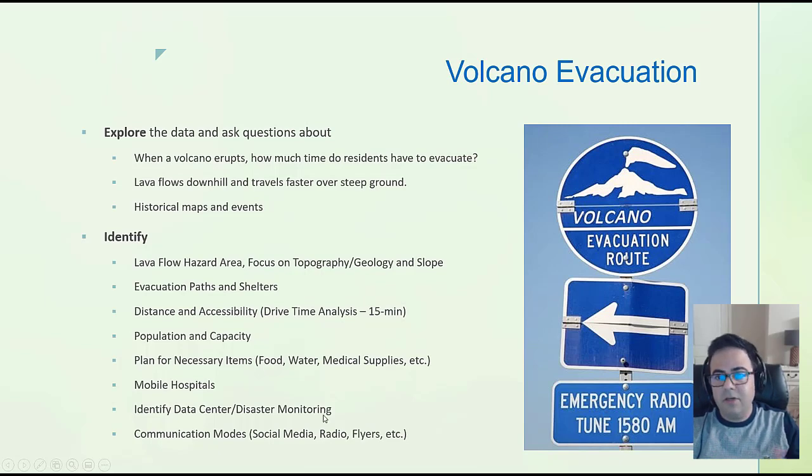So we can categorize different levels of volcano activities, and based on that, we can think about ways we can create those data centers. And remember, for the data centers we need electricity, we need a communication network, we need all sorts of hardware and software.